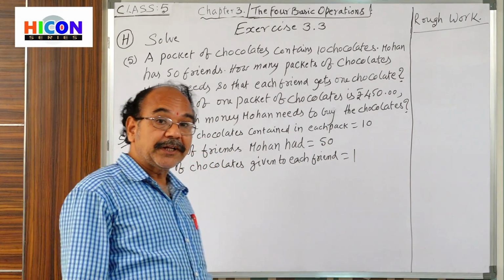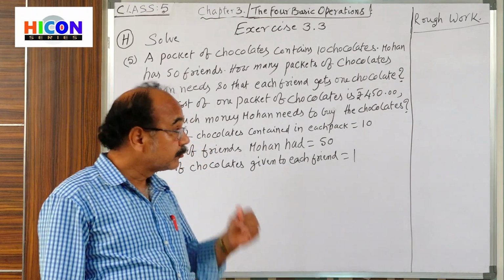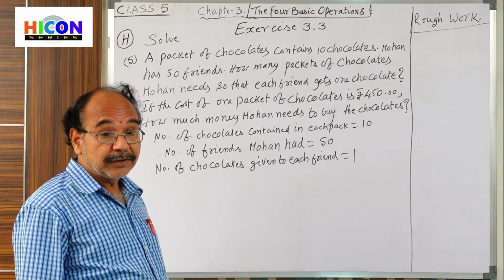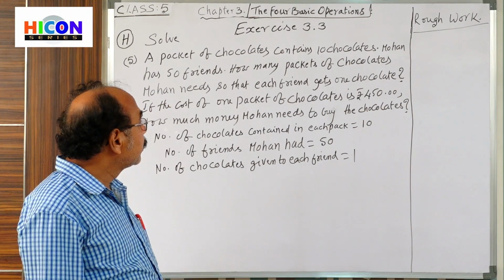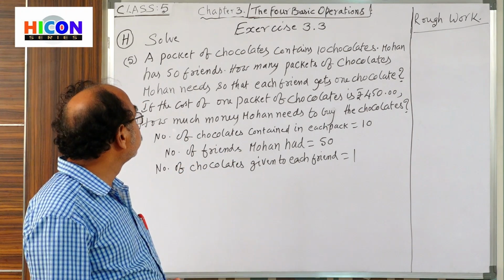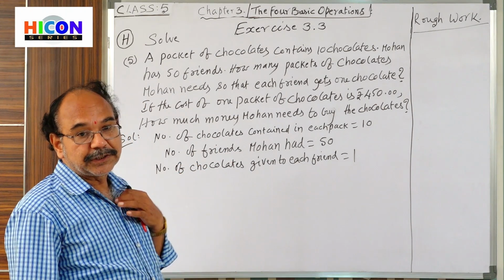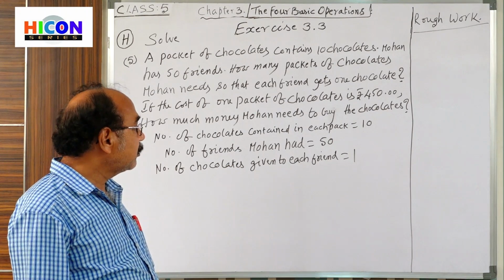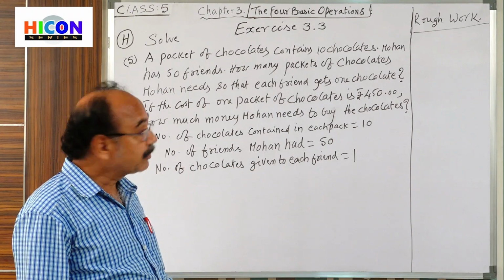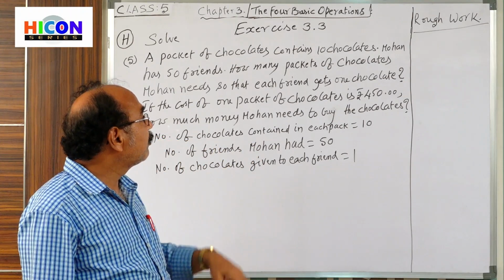If everyone is getting one chocolate, 50 friends, how many chocolates they will get? 50 chocolates. For every friend, 1 chocolate is given. 50 friends are there, so 50 chocolates.